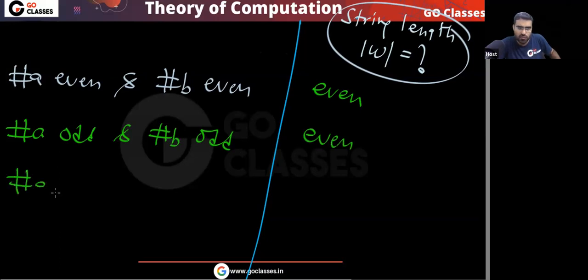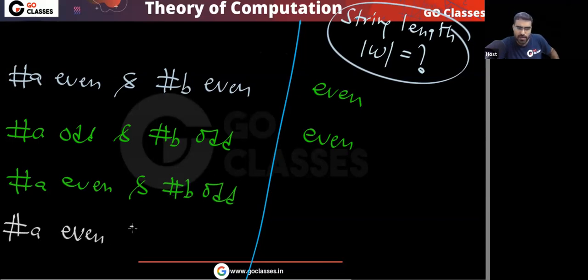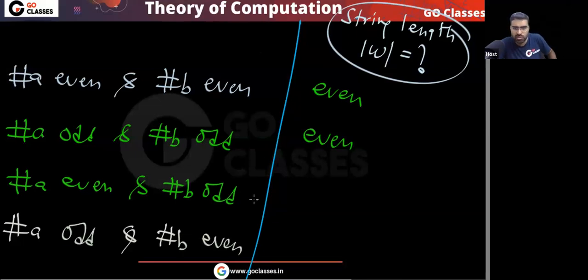What about when the number of A is even and the number of B is odd, or the number of A is odd and the number of B is even? In this situation, the string length will be odd.